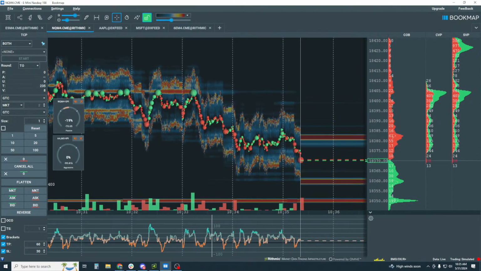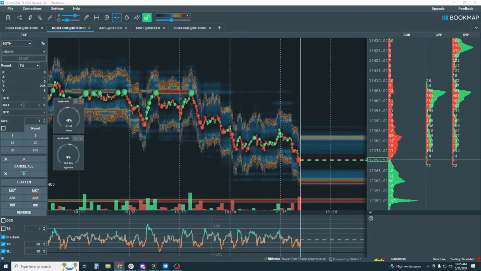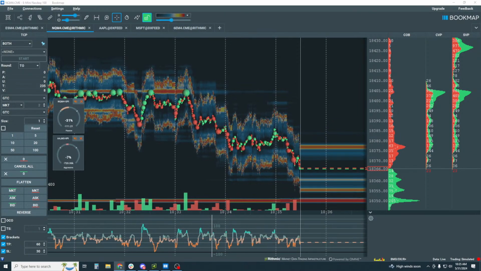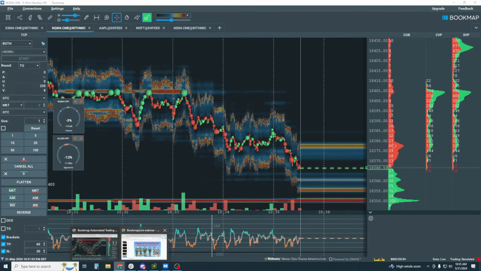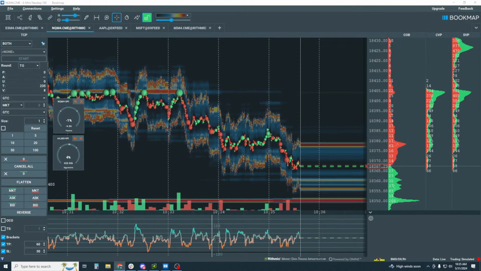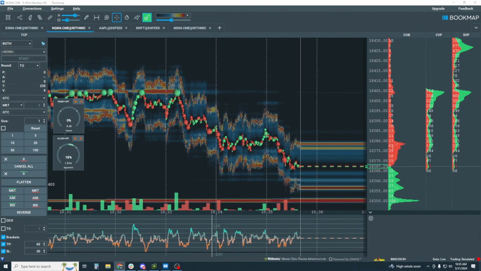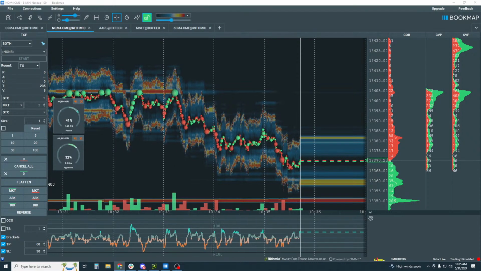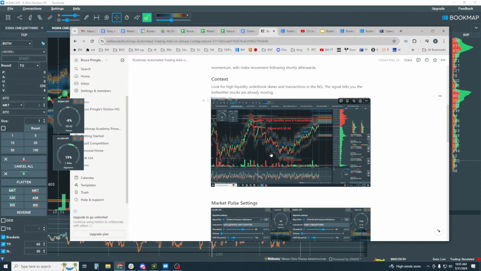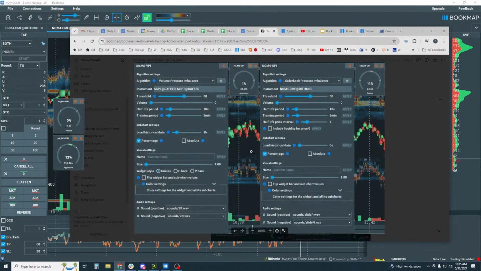In fact, let's go back to our configurations here. Here we go, our Notion file. Here are my market pulse setups, configs. So 60%, 60%. I went down to 2 minutes and 3 minutes here.